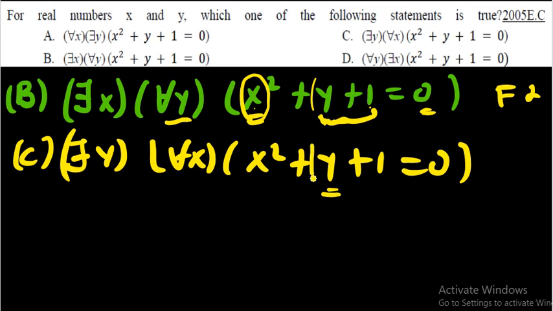We cannot find one fixed number y which will be added with the sum of x squared plus 1 and the result 0. We cannot find a real number like that. So again this fails. The last one also has the same pattern, it doesn't work, so the answer obviously will be A.